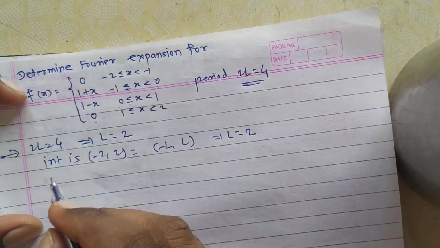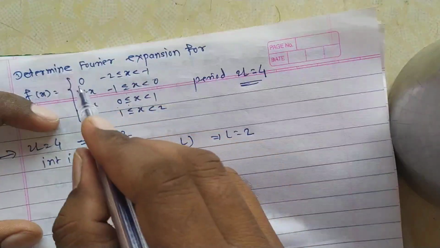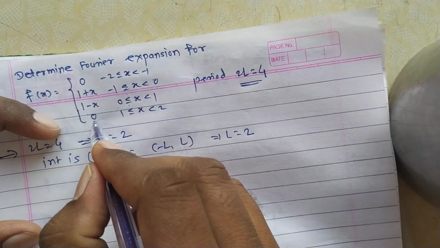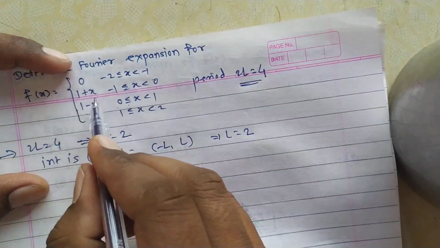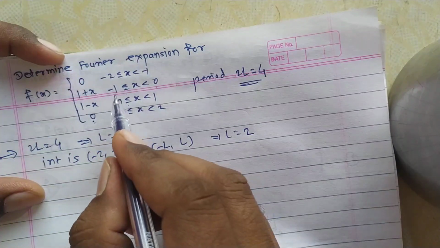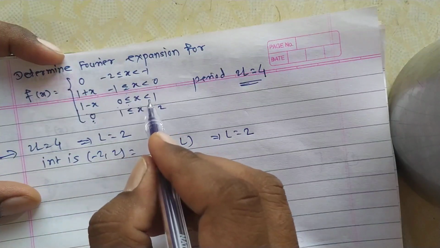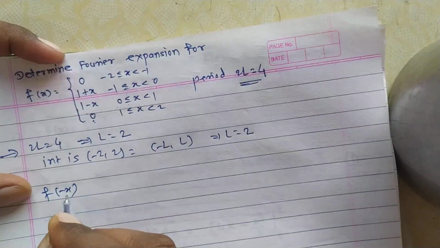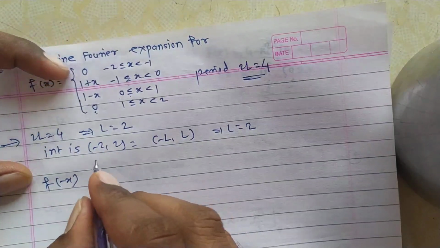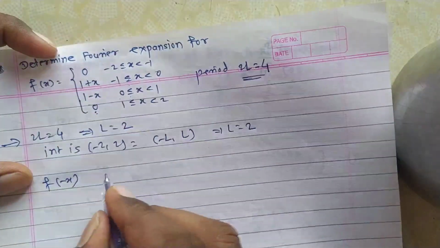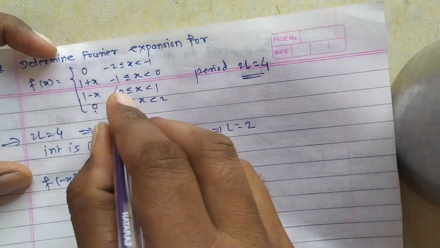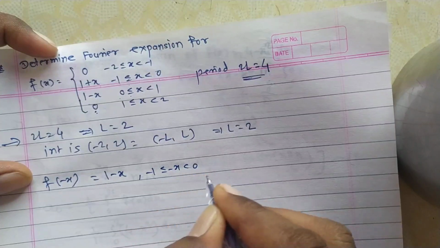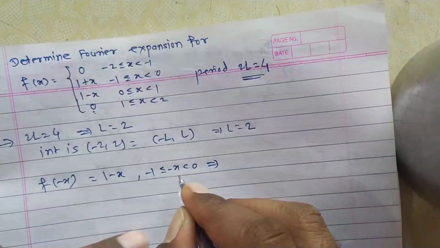We have to check whether the given function is even or odd. In minus 2 to minus 1, 0 is given. So 0 is always an even function because that is a constant function. Here also 0, this is constant. So we have to check only 1 plus x and 1 minus x, whether even or odd, in the interval minus 1 to 0 and 0 to 1. So this is also minus 1 to plus 1. How do we check? By putting x equal to minus x. So f of minus x is equal to, if you put x equal to minus x, then we get 1 minus x, and in the interval minus 1 is less than or equal to minus x is less than 0.